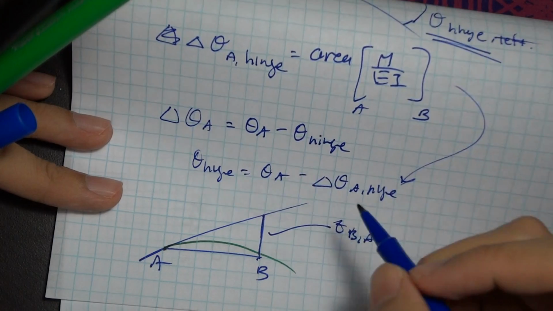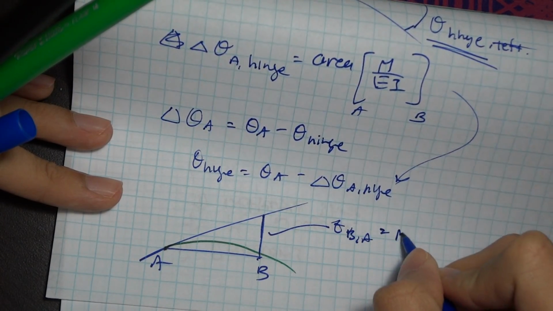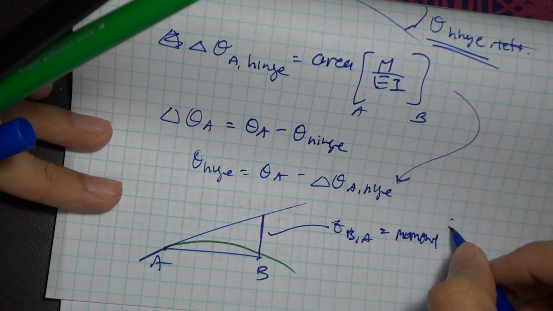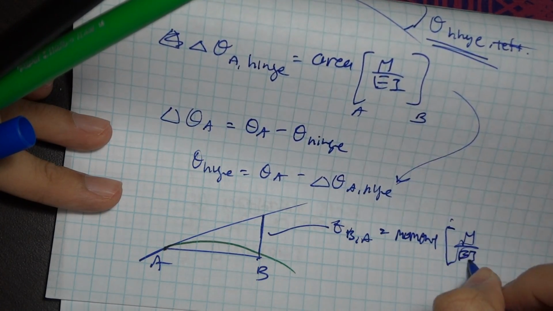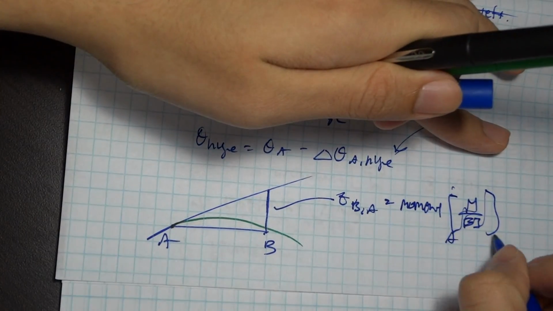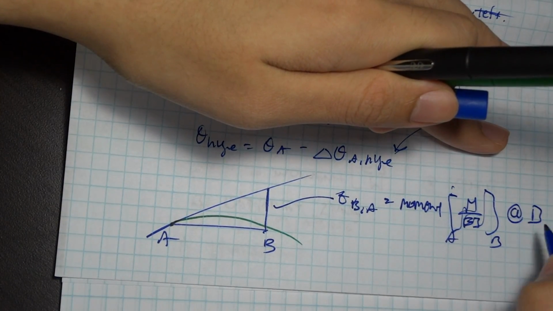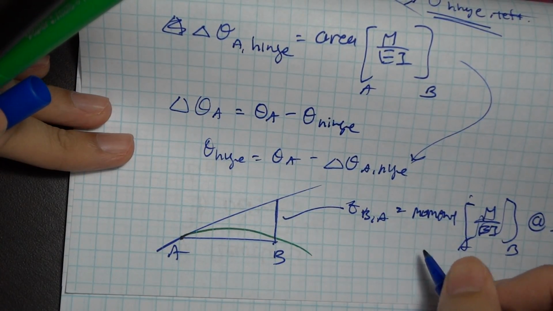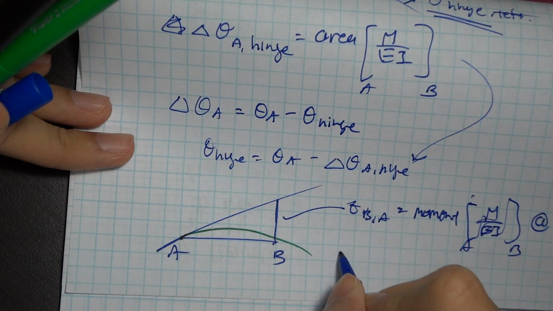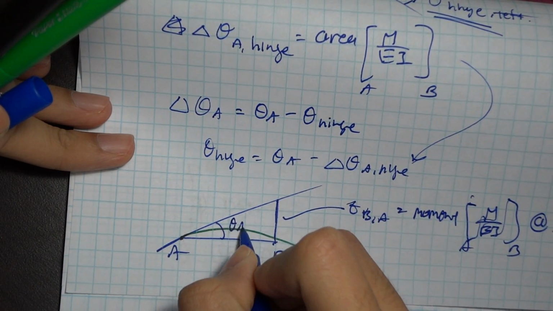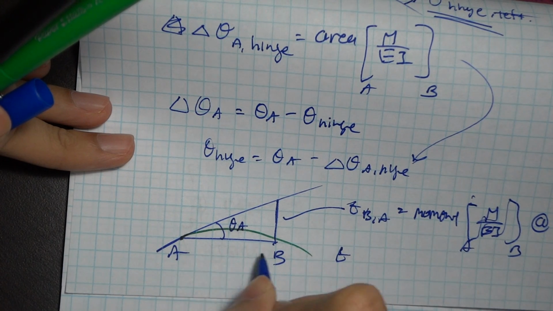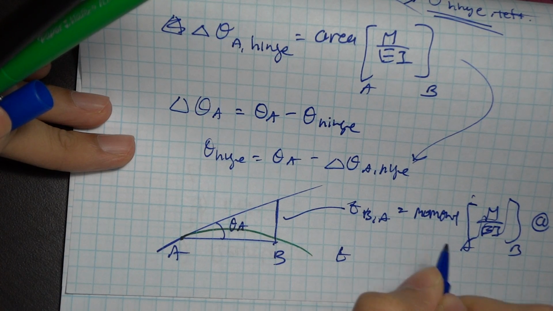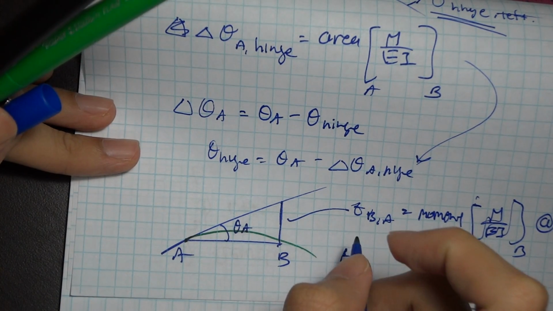And this t_BA is just equal to the area moment of my moment diagram from A to B, about B. I'm like, oh, okay, but then how did I get theta A from this? Well, remember that this is theta A, right? This is t_BA, this length is known. t_BA is a length measure. It has units of length.